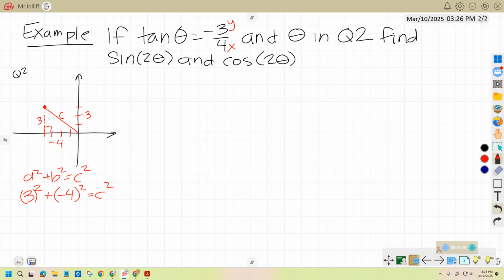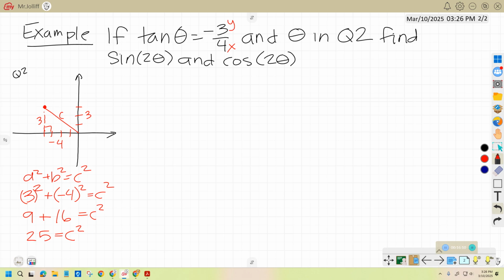3 squared is 9. And negative 4 times negative 4 is positive 16. And 9 plus 16 is 25.